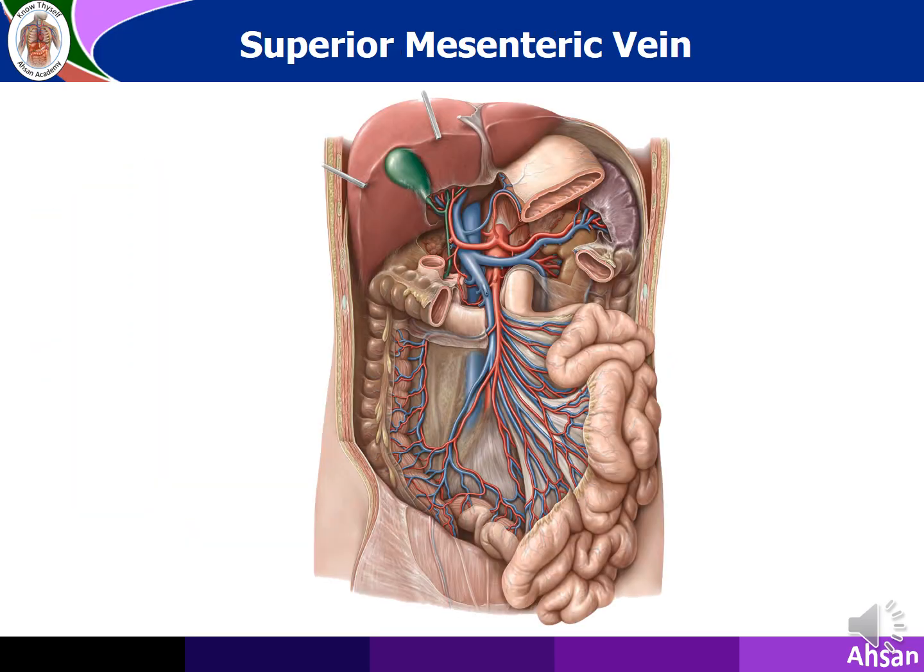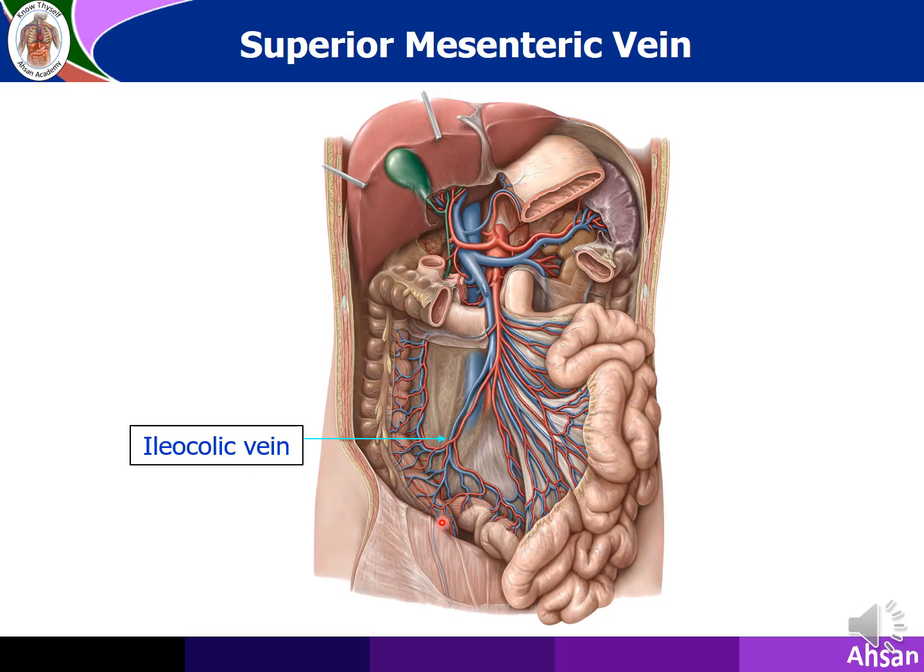I will discuss. You can see this one is the superior mesenteric vein, already I have discussed. So this is arising below from the ileocolic vein. You see, this is the terminal part of the ileum and beginning of the colon.